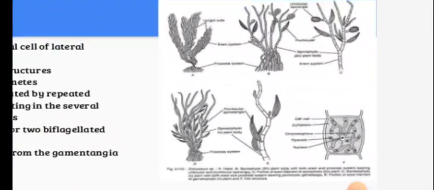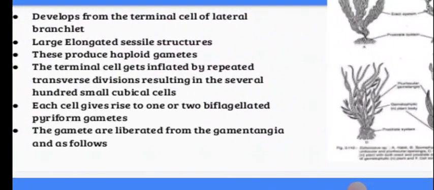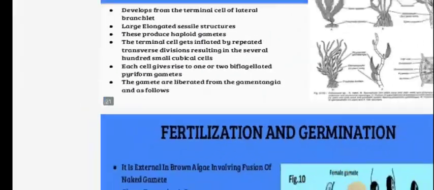How do these gametangia develop? It is also an important part. The terminal cell of the lateral branchlets shows a large elongated sessile structure, and these produce the haploid gametes. Here repeated transverse division takes place and many multicellular structures are developed.